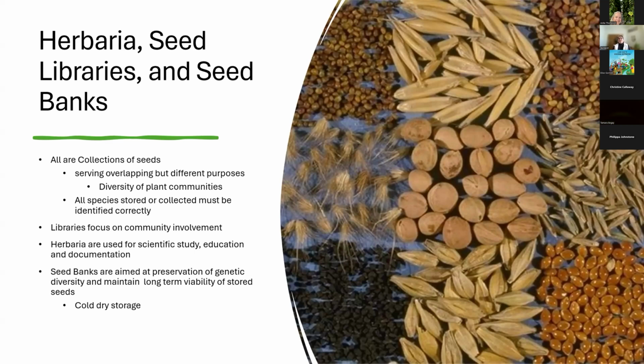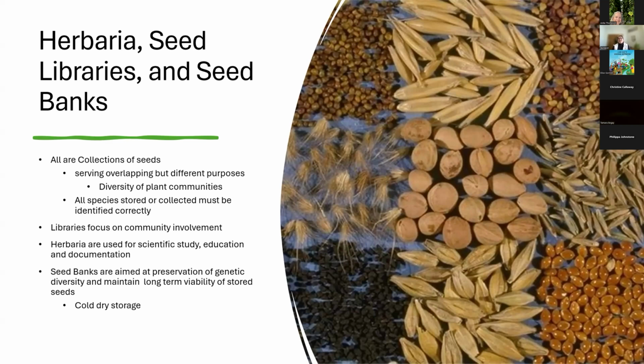They are all collections that are storing species, and all of these collections need to be identified, as previous speakers have alluded to and talked about how they label them, which is so important in our communication for the folks who want to utilize the resources within seed libraries, seed banks, and herbarium.